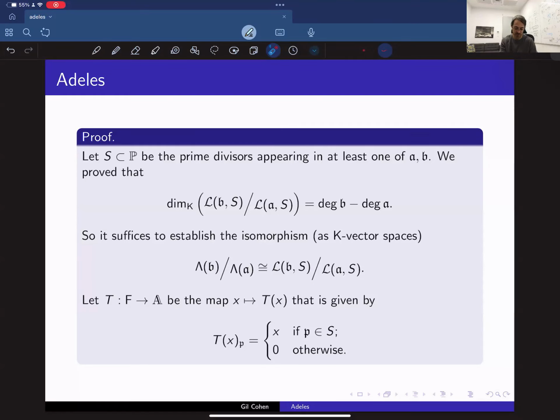That is a valid map from functions to Adeles, because we do need to make sure that our Adeles are actual proper Adeles, namely, that for only finitely many prime divisors you have negative valuations. Here you have almost always zeros, only finitely many non-zeros, because A and B have finite support, and so that is an Adele.